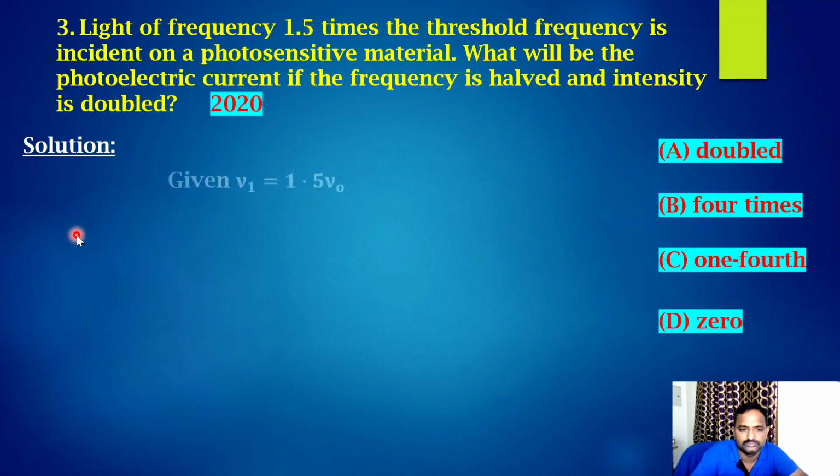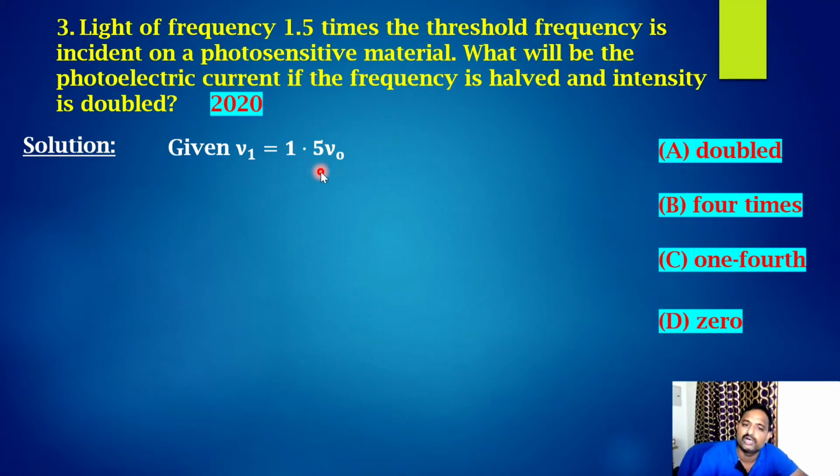Solution. Given frequency, that is initial frequency, nu1 is equal to 1.5 times the threshold frequency, that is equal to 3/2 threshold frequency. And also given frequency is halved, intensity is doubled, what will be the photoelectric current?